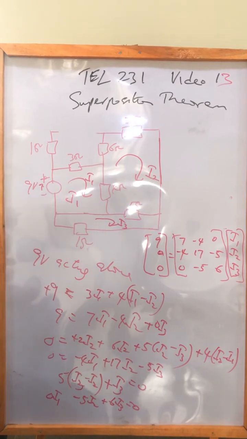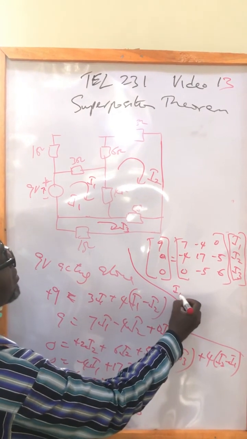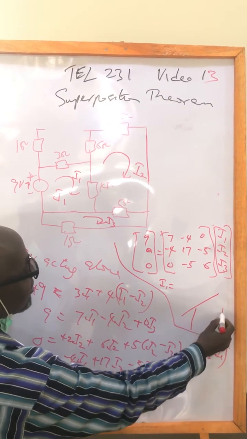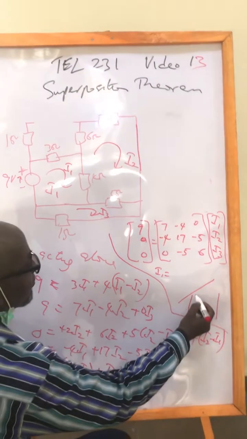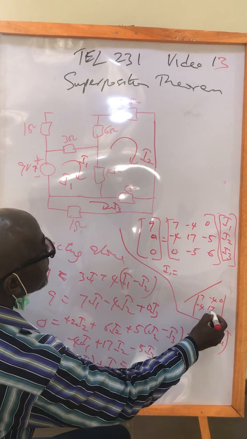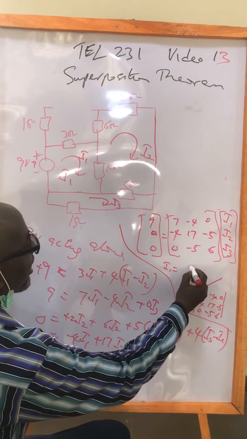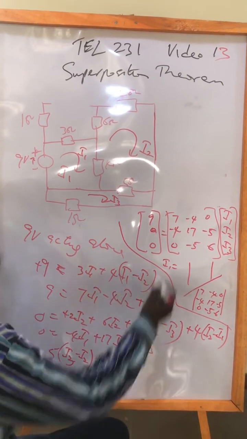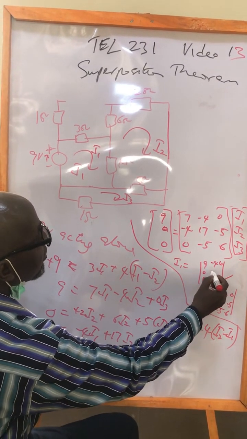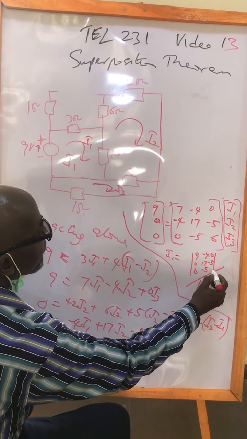We are interested in the current in the 3 ohm resistor. So I need I1. So my I1 will simply be, you take this: 7, minus 4, 0, minus 4, 17, minus 5, 0, minus 5, 6, and on top here, I'm going to replace the first column with 9, 0, 0, minus 4, 0, 17, minus 5, minus 5, 6.